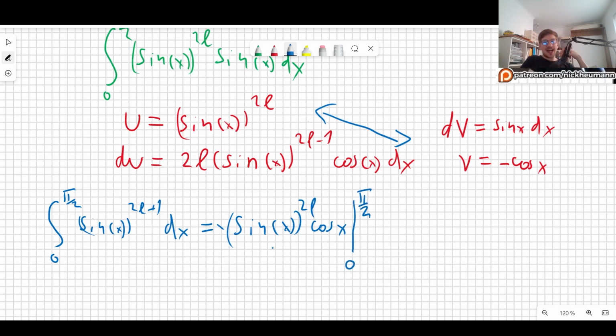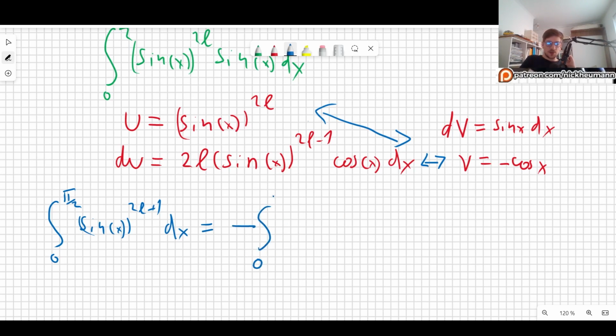But notice that at pi over 2, sine is going to be 1, but cosine is going to be 0. And at 0, cosine is going to be 1, but sine is going to be 0. So at both ends, this is going to be 0 when I plug in my limits. So that means I am only left with the integral, which will be minus the product of those two.